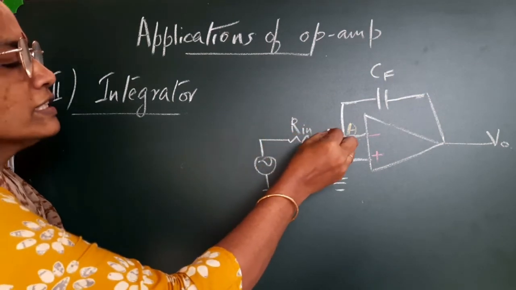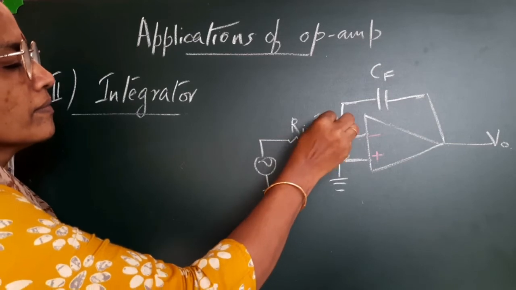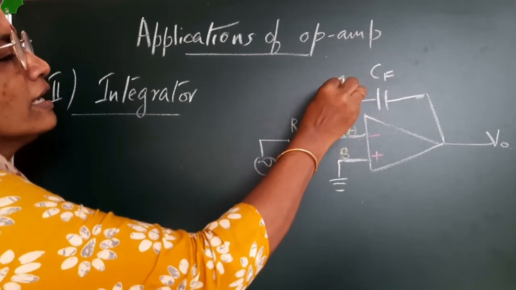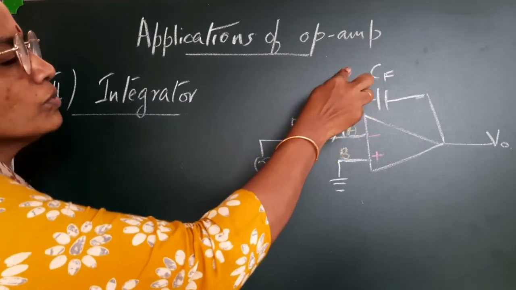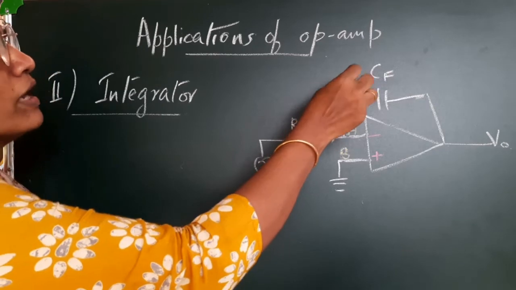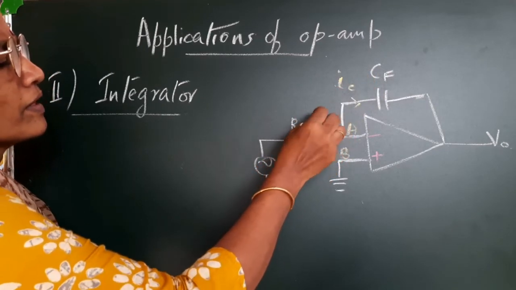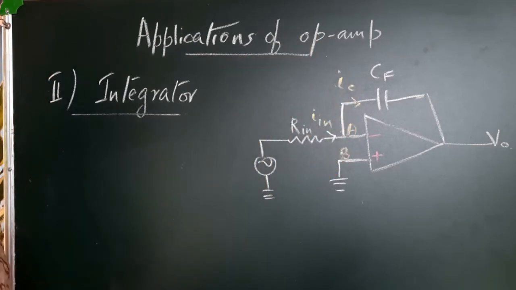If I call this current In, then this current I will now name IC. In fact, I would prefer to denote it by small letter ic. So, In is equal to ic.